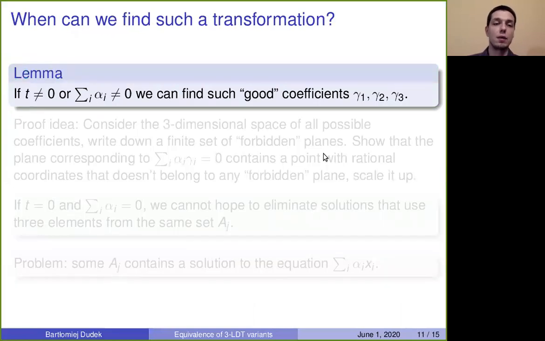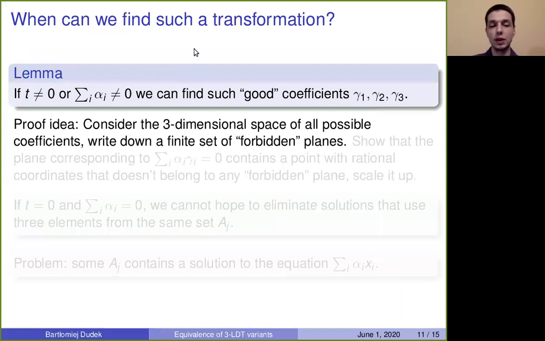And when can we find such a good transformation? So when are there good coefficients gamma 1, gamma 2, and gamma 3? In this lemma, we show that if t is not 0, or the alphas do not sum up to 0, then we can always find such good coefficients. And how do we do it? We consider the three-dimensional space of all possible coefficients and write down a finite, actually a constant, number of forbidden planes.